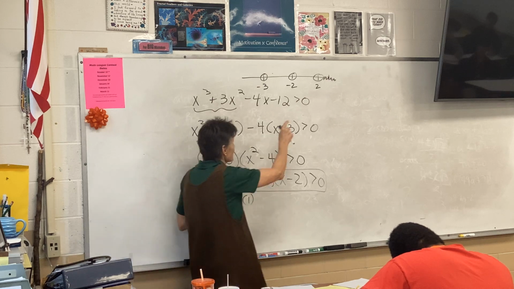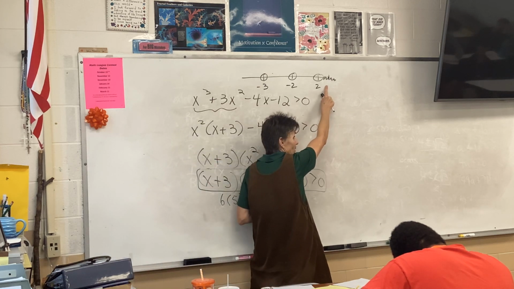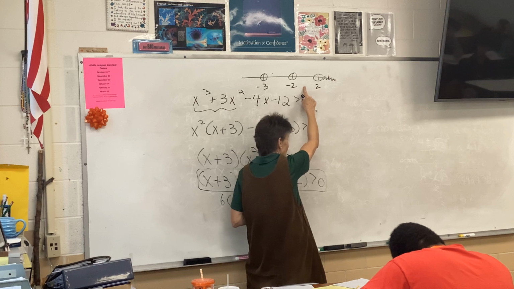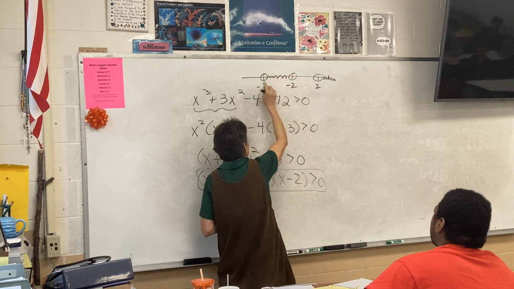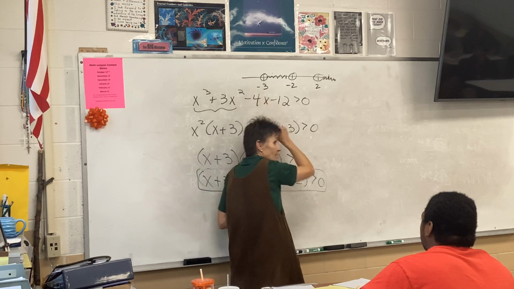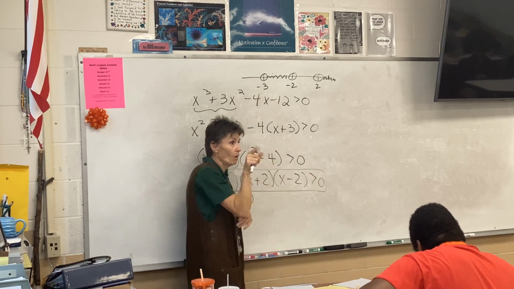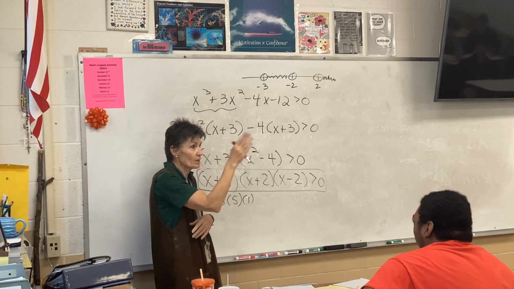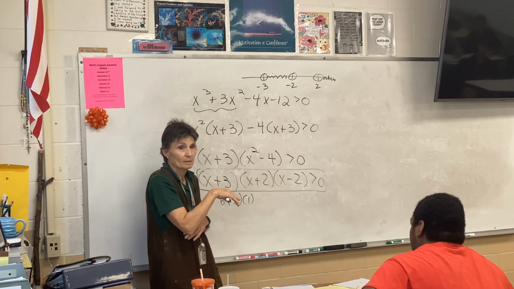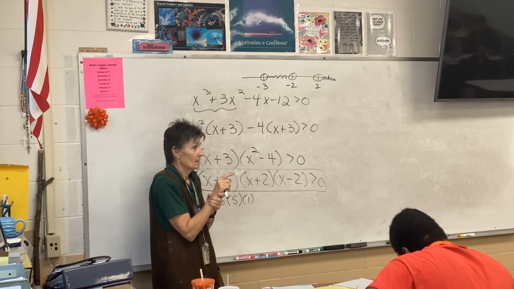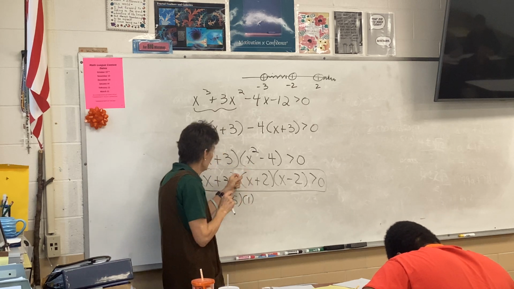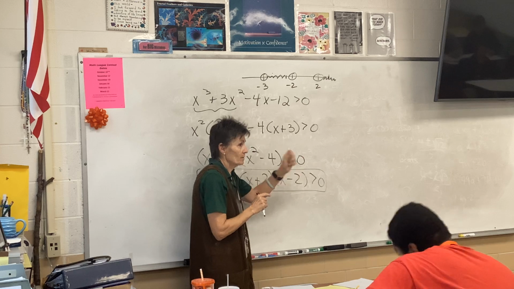So if this section is shaded, this one isn't, this one is, and this one isn't. Alternate. Shade, not shade, shade, not shade. We cannot do that in every problem. We can only do it when there's no square.